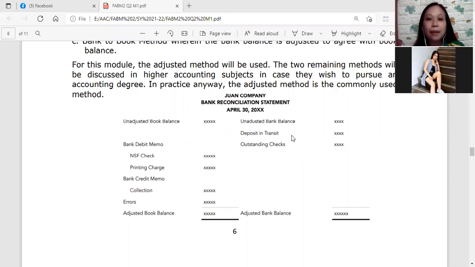The bank balance is coming from the bank through the bank statement. Now the book balance is coming from the company. So you have two different books that you're going to look at.